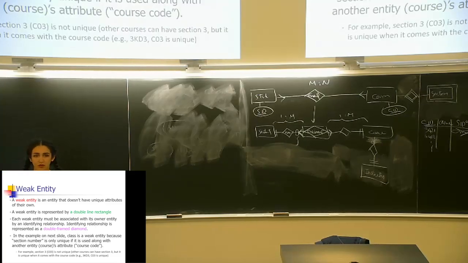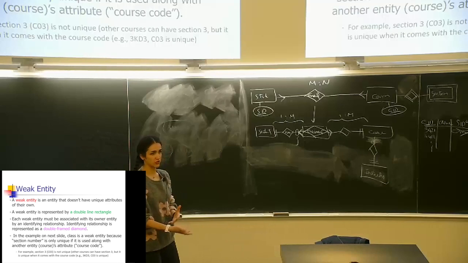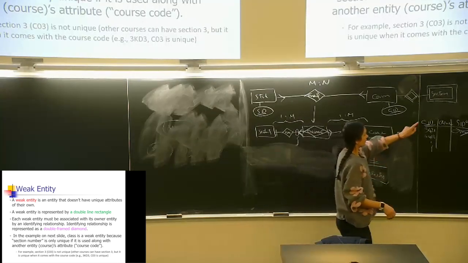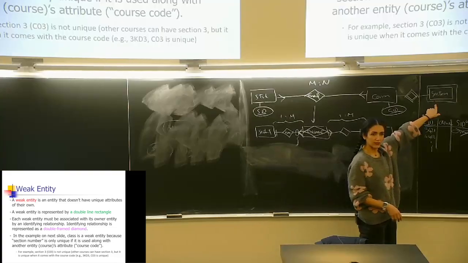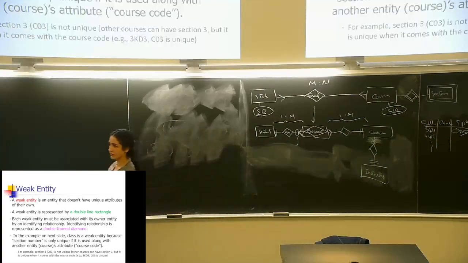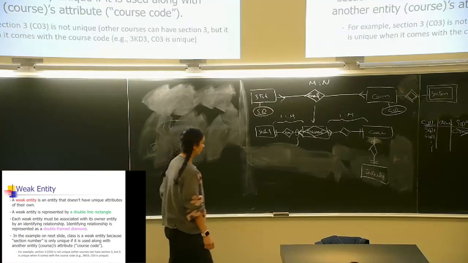But if they are combined with their parent entity, then they have meaning. For example, ECS 3421 section M has a meaning. So what is their primary key then? Because we said they do not have their own primary key. For the section entity, which is a weak entity, is section code a primary key?